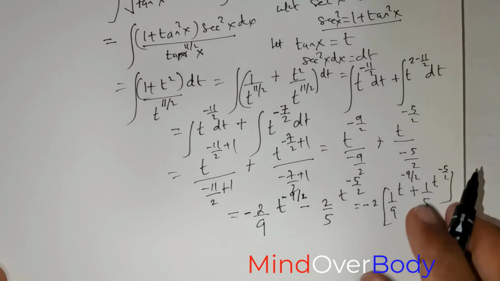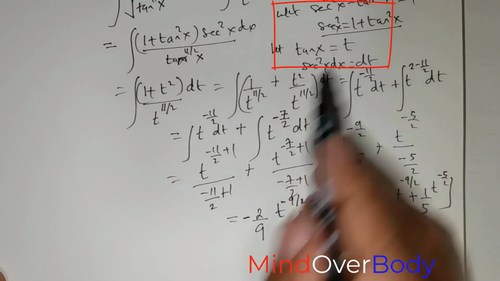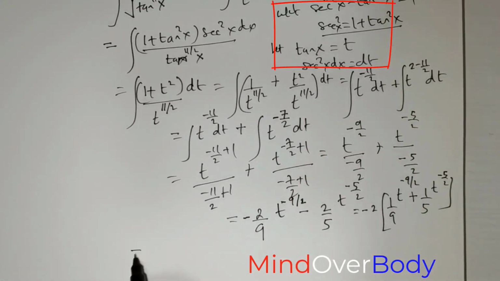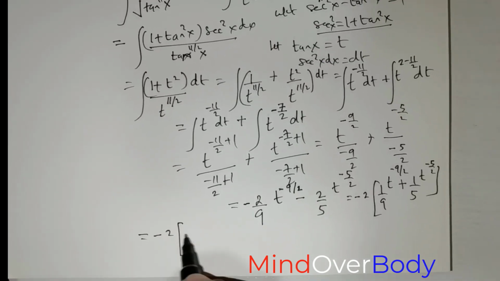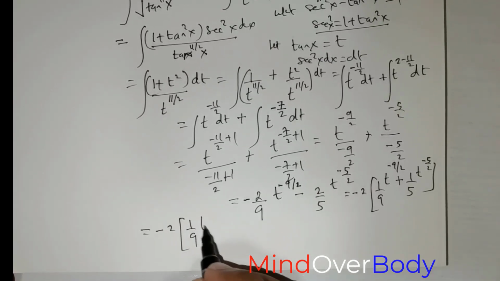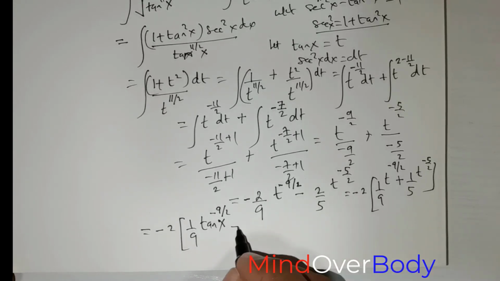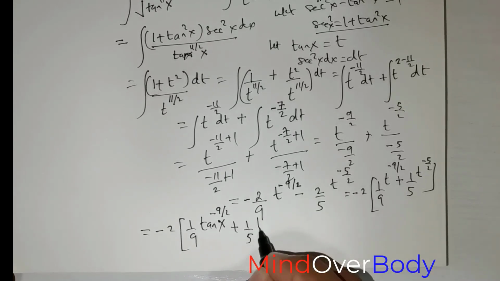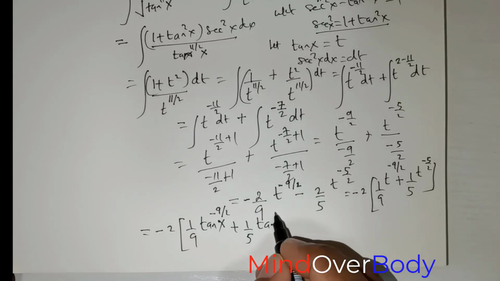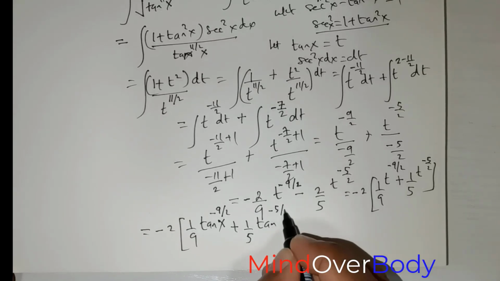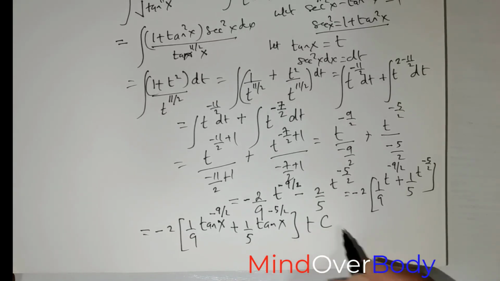Now but my t is tan x, so I substitute it there. I get negative 2 times 1 over 9 tan, right, t is tan x, so this is going to be tan raised to the power of negative 9 over 2 with the x there, plus 1 over 5 times tan raised to the power of negative 5 over 2 with the x there, plus arbitrary constant c.